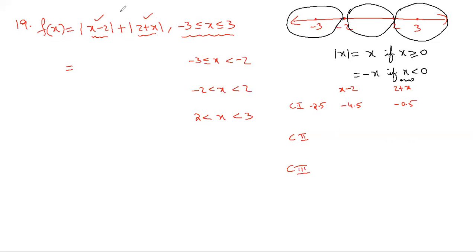So if the inside of the modulus expression is negative, when removing the modulus, based on the definition, we should multiply the inside expression with minus and then write. Here x minus 2 with minus, and here also 2 plus x is negative in this interval, so multiply with the minus and then write.